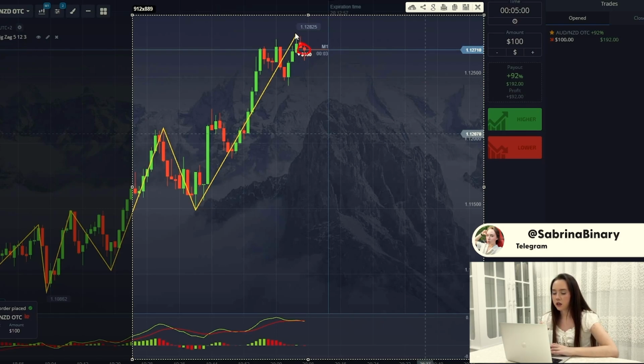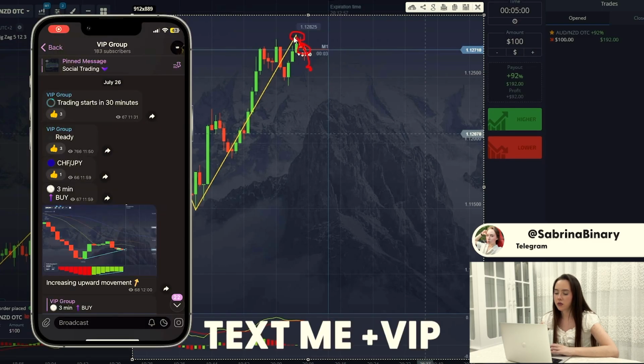The zigzag will also be useful for identifying the valid trend and drawing the trend lines. With its help, it's easier to find technical support and resistance levels on the chart, price figures and patterns of the technical analysis.